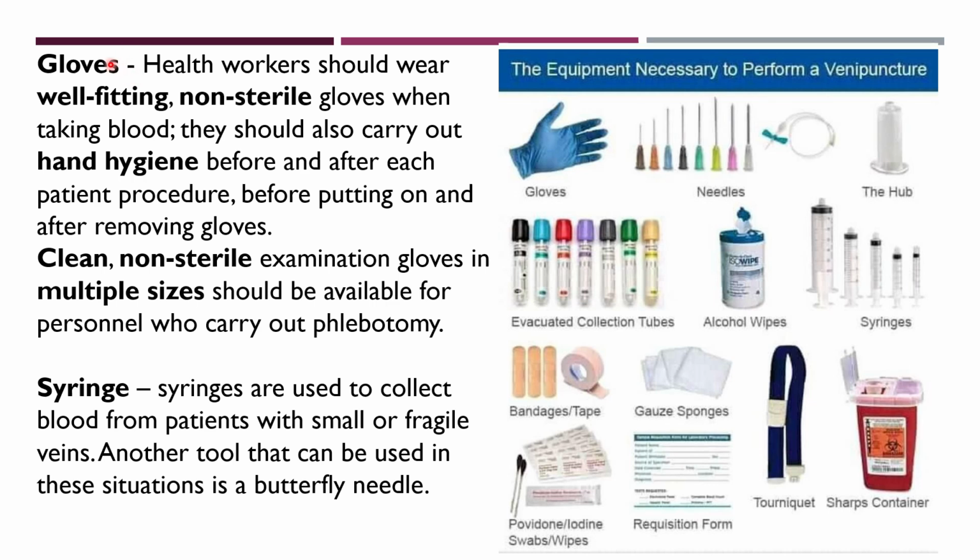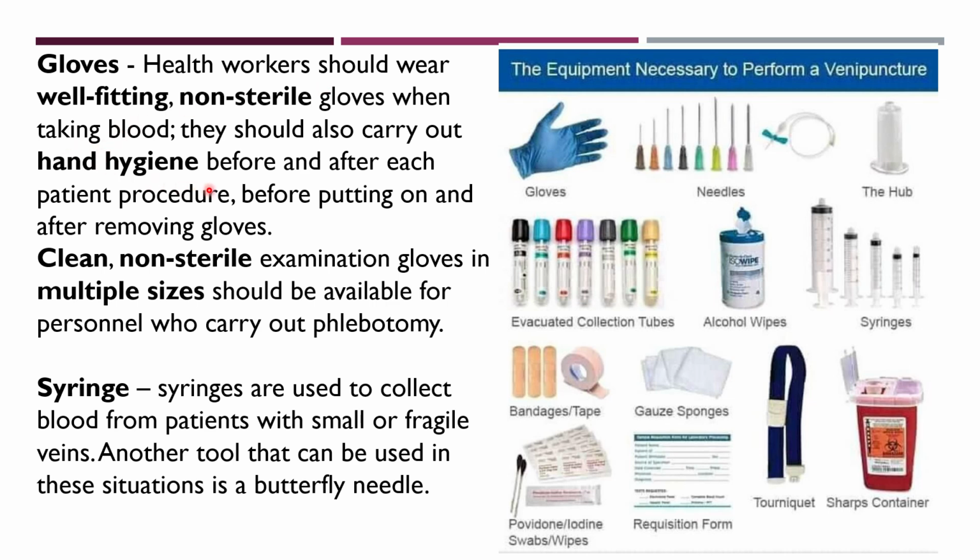The patient may be suffering from various diseases which can eventually infect the laboratory worker or the phlebotomist. So gloves are without hesitation a very necessary equipment. The important thing about this is they should be well fitting, and non-sterile.